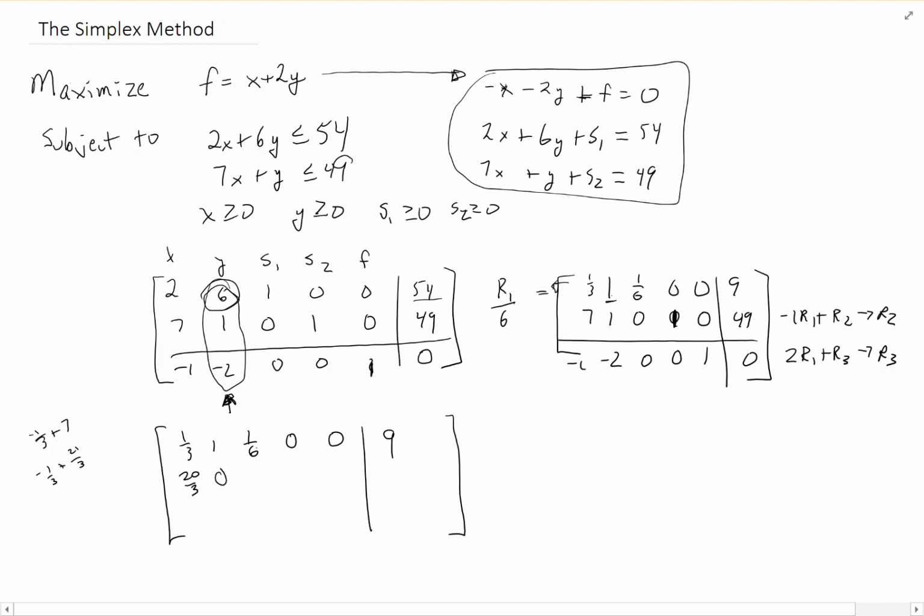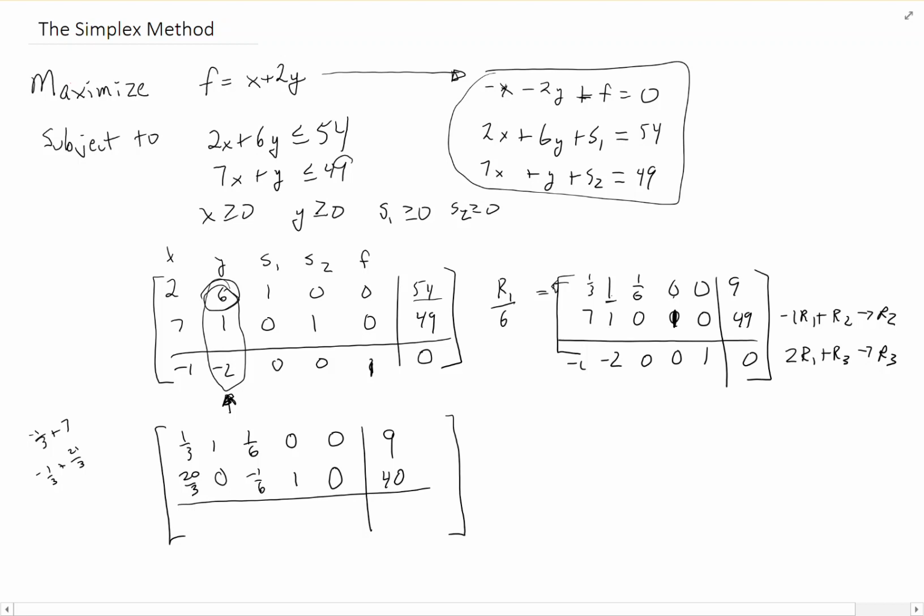Negative 1 times 1/6 plus 0 is negative 1/6. Negative 1 times the 0 plus the 1 stays 1. Negative 1 times 0 plus 0 stays 0. Negative 1 times 9 is negative 9, plus 49 makes 40.